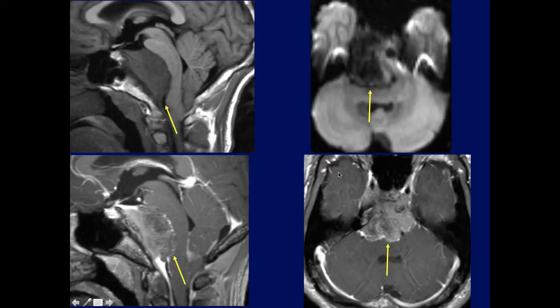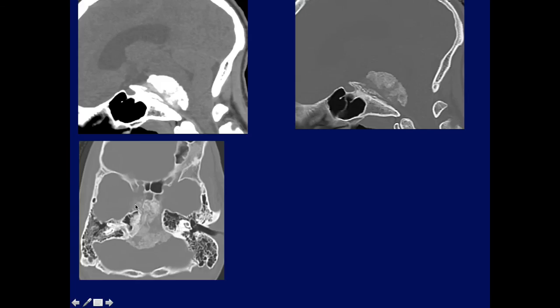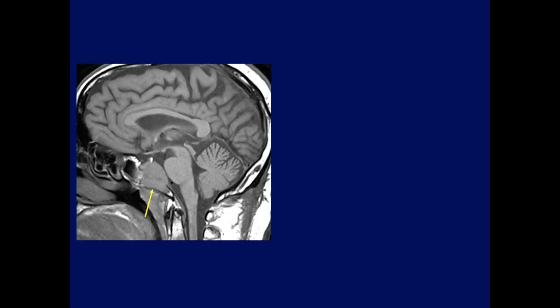Look at the enhancement, but very dark on the diffusion as well as on the sagittal FLAIR. And notice the enhancement, a highly calcified clival meningioma. Still has some blood supply from the perforating arteries from the basilar.